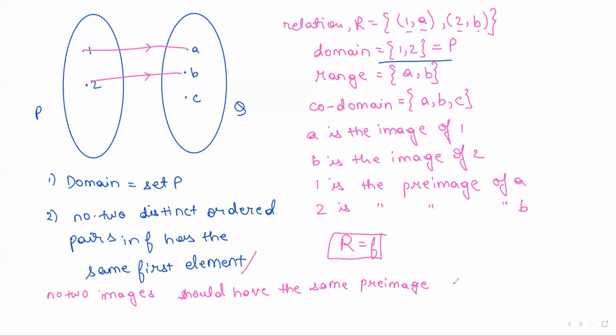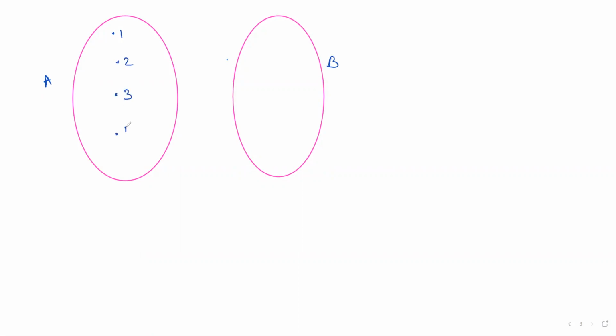Let's redraw it. In this particular example, I'm even changing the example for better understanding. Let's consider two sets A and B. A has elements 1, 2, 3, and 4.